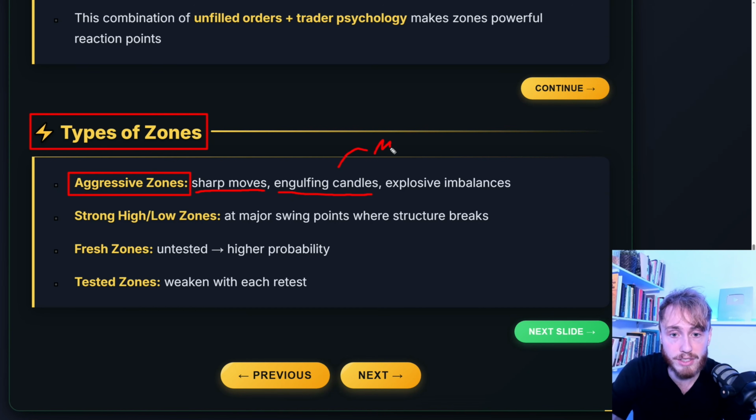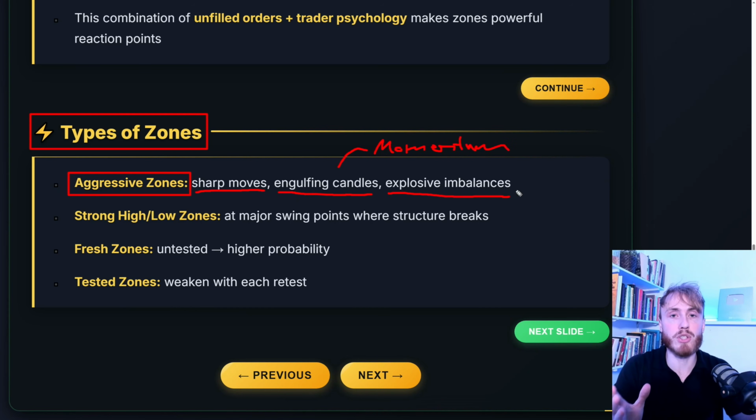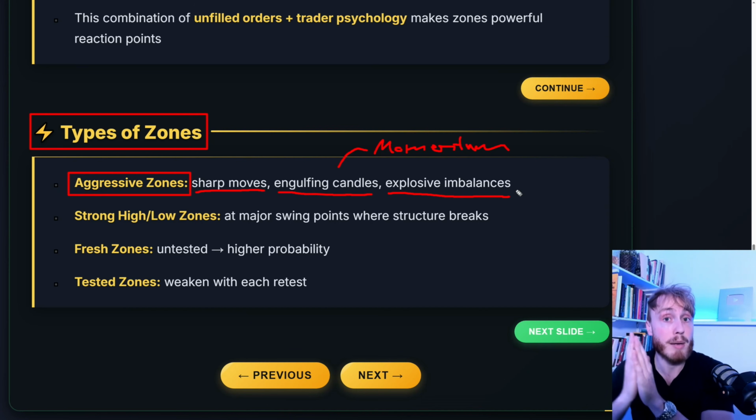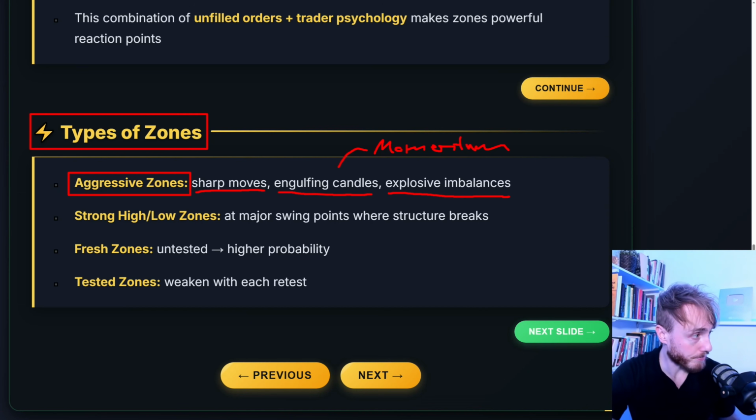You will also find something I call momentum candles, and also explosive imbalances between supply and demand. So aggressive zones are created, if you think about the chart we talked about earlier in the course, when we see a very big difference between demand and supply, which leads to strong and quick price movements to the upside.